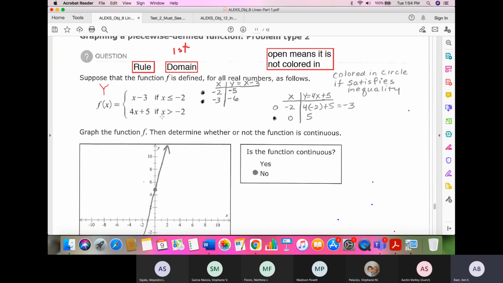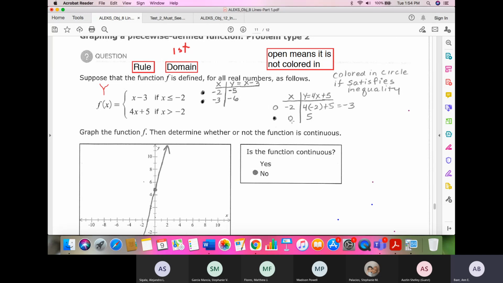Because if I put -2 in here, -2 for x, I get -2 greater than -2, it's a false statement. That's why this is a circle. It's not a colored in dot, it's a circle. But we get ever so close to -2. We get infinitesimally close to -2, we really need to include this in our table, to be honest with you. You likely won't get the right graph if you don't.